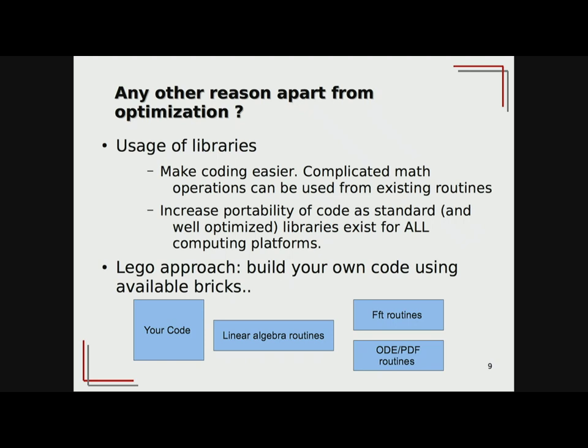It happened to me to see people who wrote their own linear algebra routines, saying that they were so satisfied because they were able to carve out a very specific case of the linear algebra problem they had.